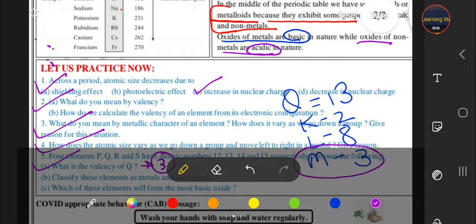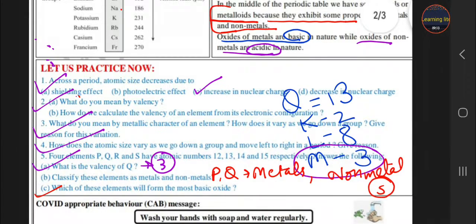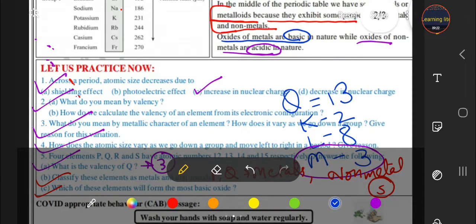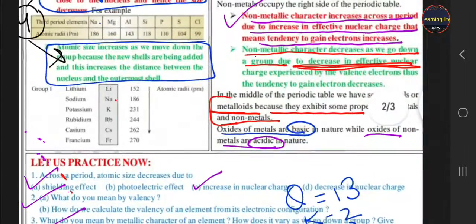Metals are P and Q. Non-metal is S. Which of the elements will form the basic oxide? Basic oxides are formed by metals, and the most basic is formed by P. So the answer is P.